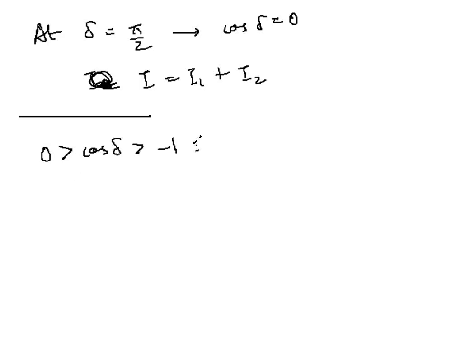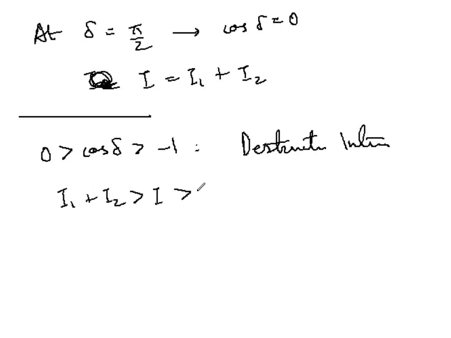What happens in this case? In this case, basically we have destructive interference, right? Because now what we will have is this. And you see, the minimum irradiance results when the waves are 180 degrees out of phase. That means when cos delta is equal to -1.